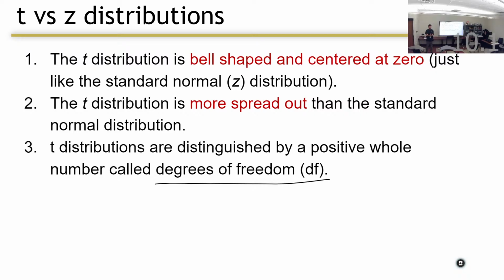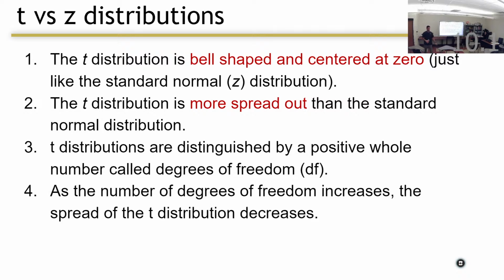Okay with that. DF, degrees of freedom. We'll talk about it in a couple more slides. As the degrees of freedom increases, those T distributions become more narrow, looking more like a Z distribution.